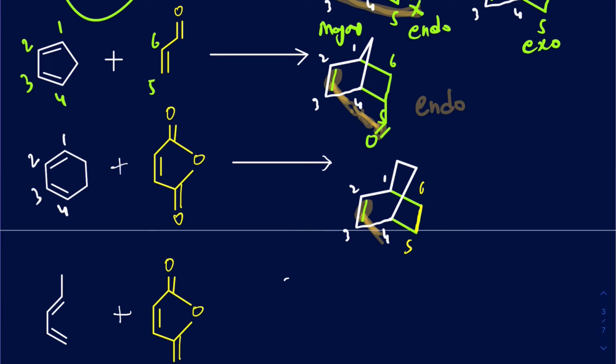And then I'm going to have this in the endo form, so I have to have this pointed down. Oxygen there, there, and there. If you make those pointed up, that would have been incorrect. You want to make sure they're pointed down in the same direction where your pi bond is between carbon 2 and 3 so that they can do the overlapping better.